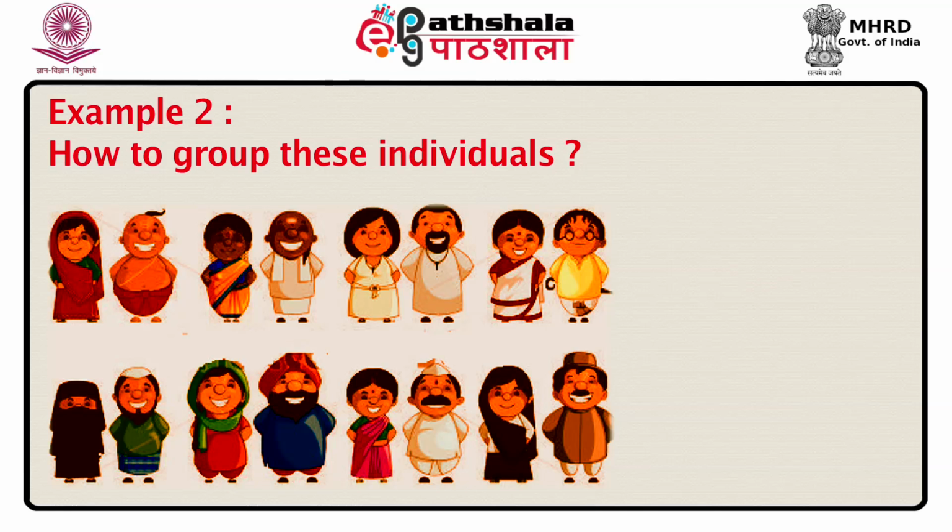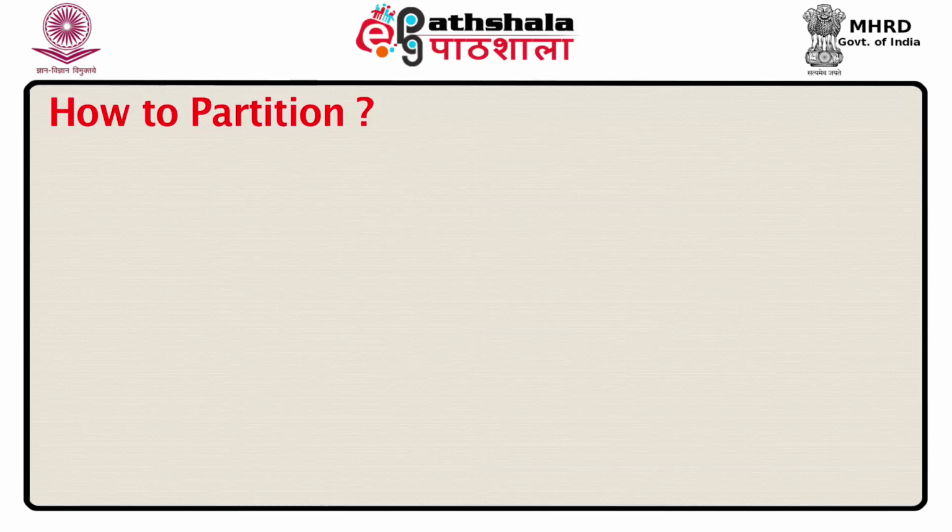And then again, which 4 gentlemen to sit together, and which other 4 to sit at a different table? So you can have different sorts of combinations depending on some criteria. And this again would be what partitioning does. The question would be then how to partition the individuals given their distinct characteristics.